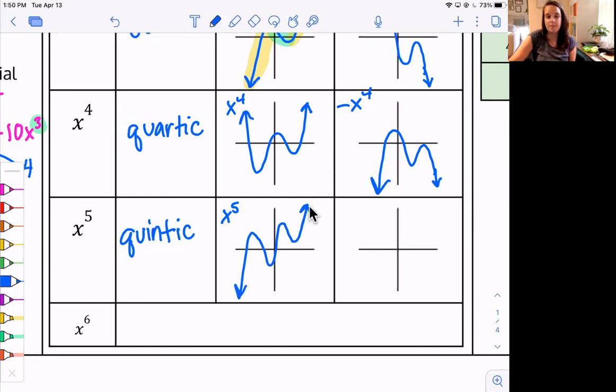So it's going up. And then negative x to the 5th. Which direction is it going? Yeah, it's going down. Good job, going down. So we have 1, 2, 3, 4, 5.